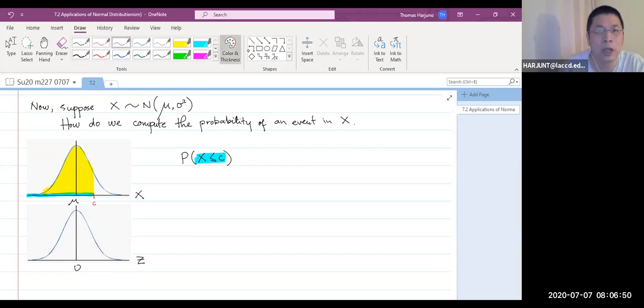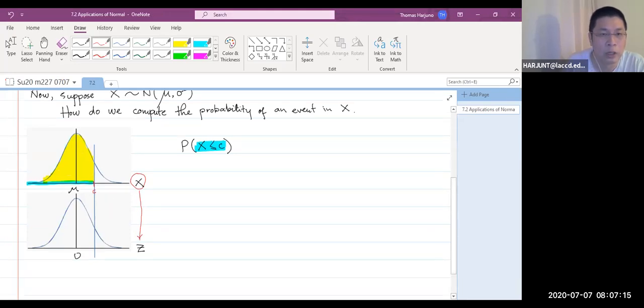We will standardize this C and convert that non-standard normal distribution into the standard normal distribution. The conversion is done by subtracting mu from C and dividing by the standard deviation. That's what we call a z-score.